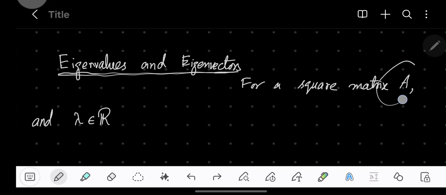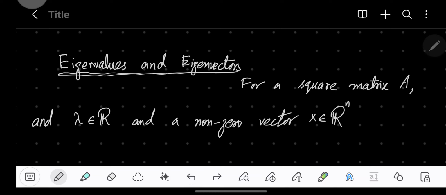So if you have a square matrix of order n, a real number, and a non-zero vector x in R^n, this means the vector x is an n-tuple, so it has n different entries.